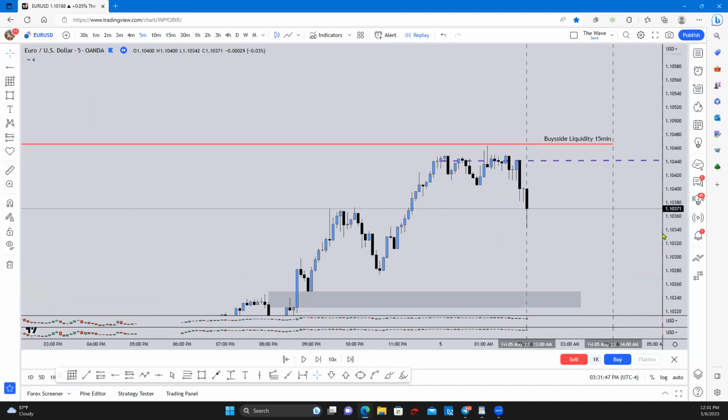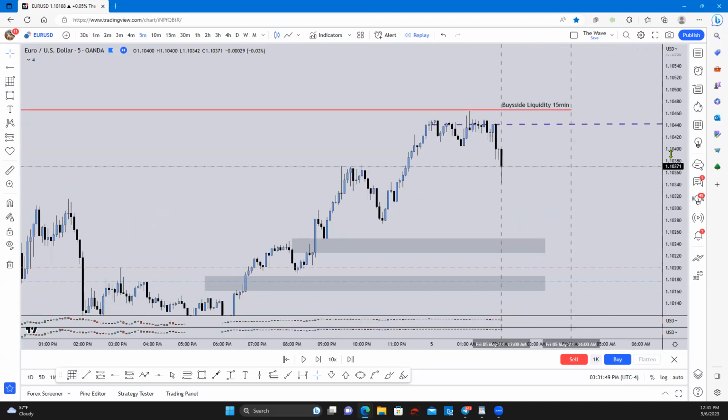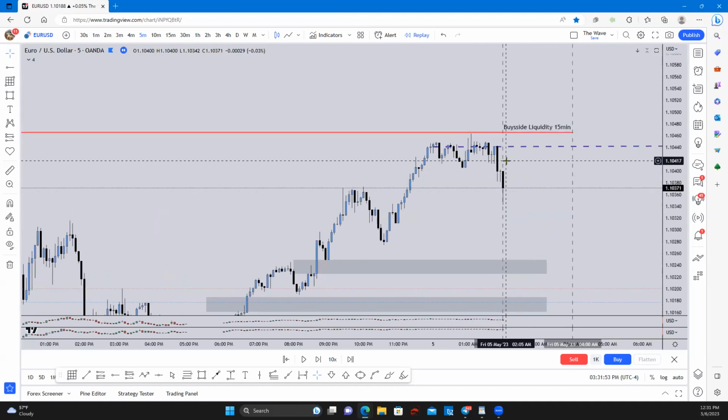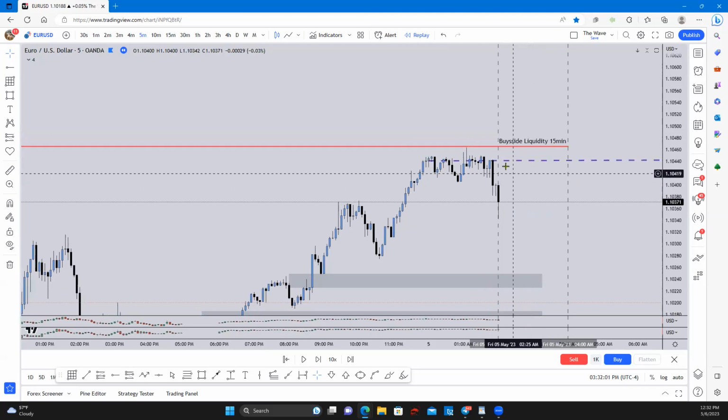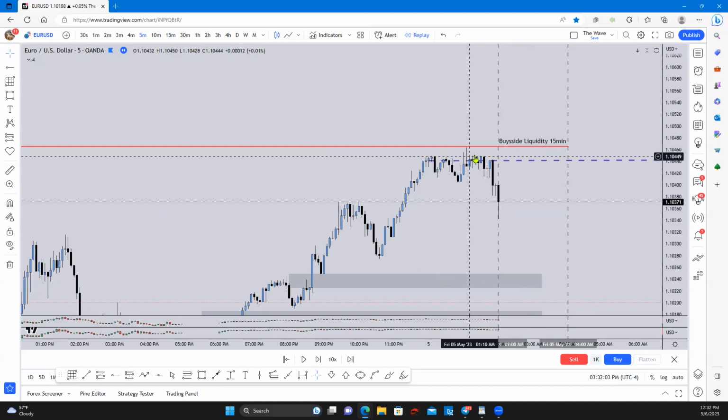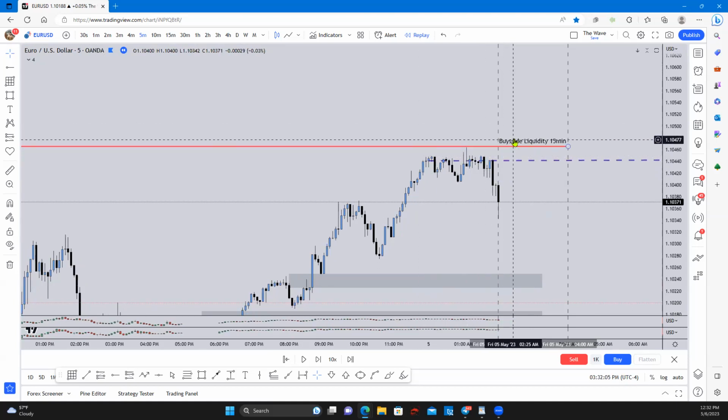Okay, so now we want to see the London session from 2 a.m. to 4 a.m. take out liquidity, right? So we have a form of buy side liquidity here, meaning there are buy stops here. People are going to take the traditional retail breakout buys.